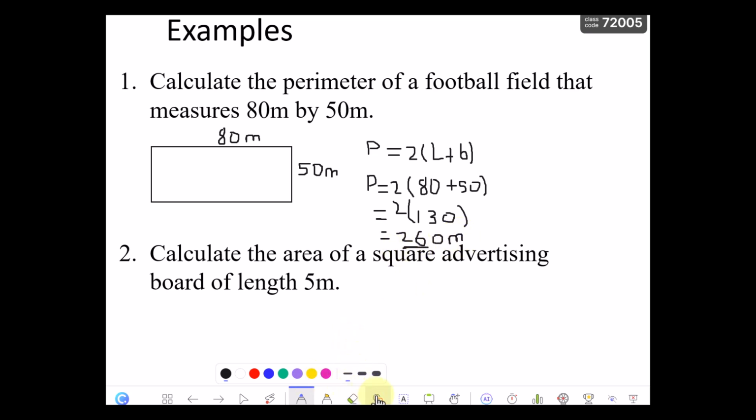Question number two: the area of a square. Let's see. Say calculate the area of a square advertising board of length 5 meters. Just draw something like this and sketch it out.